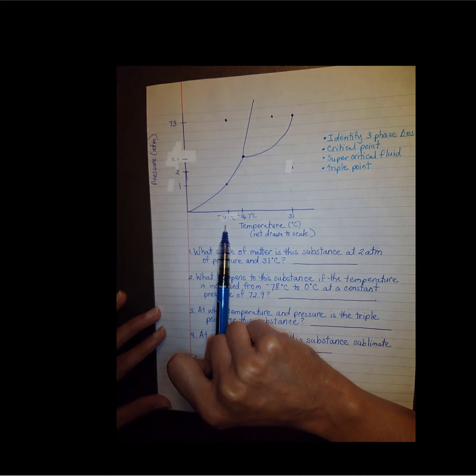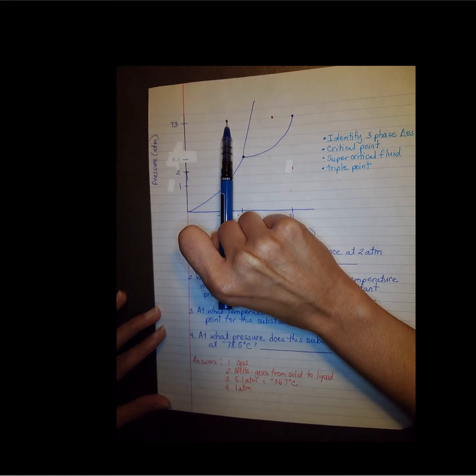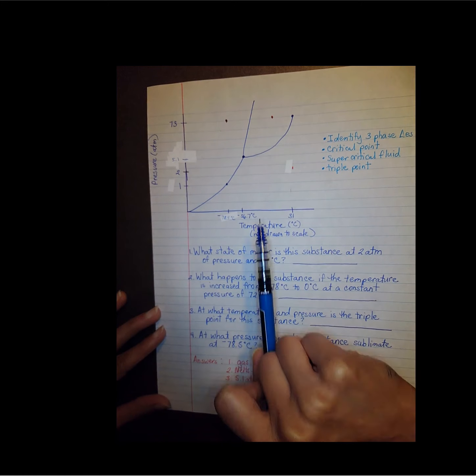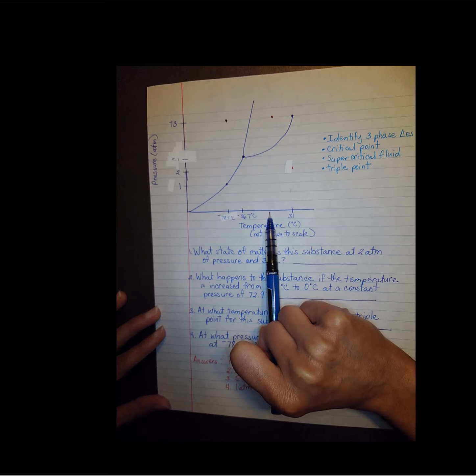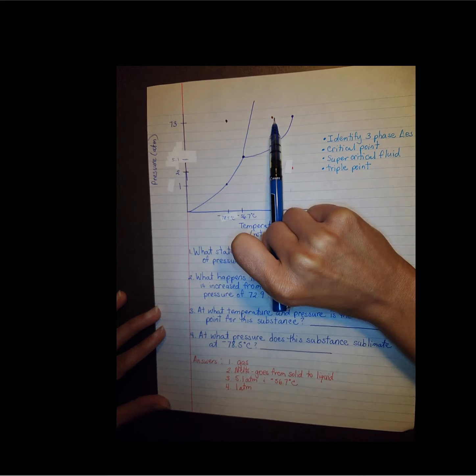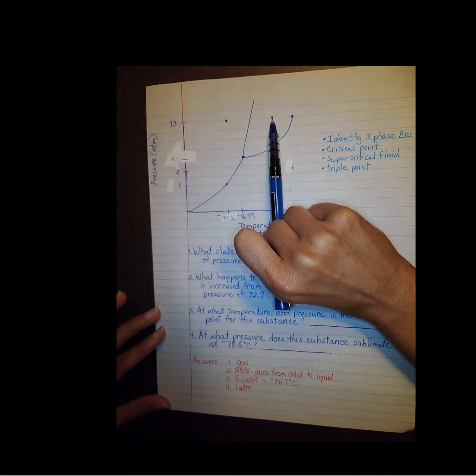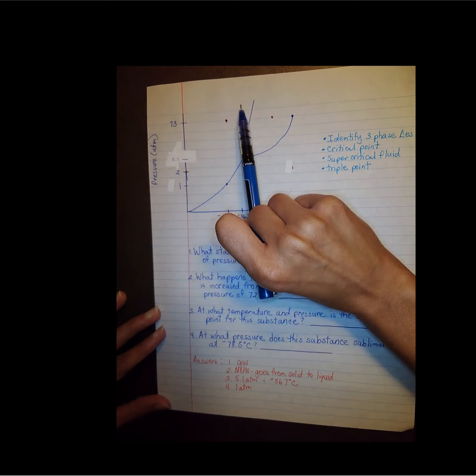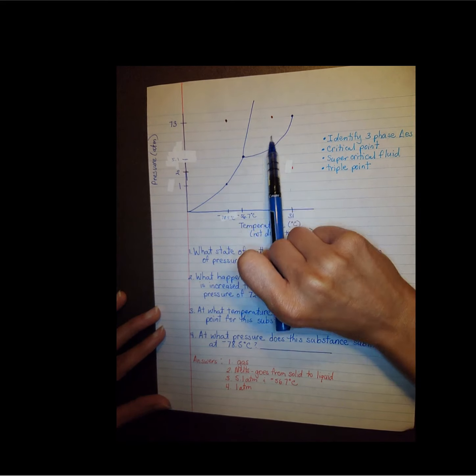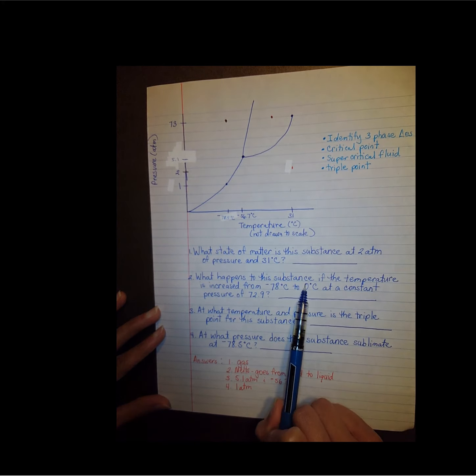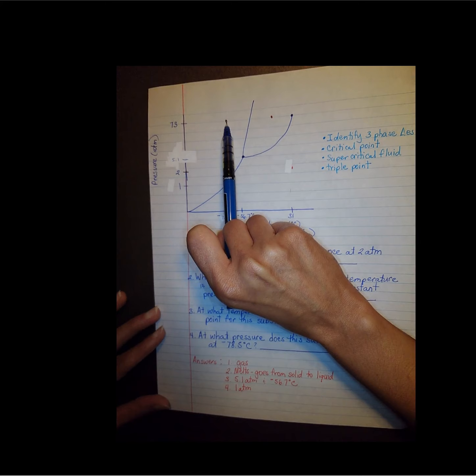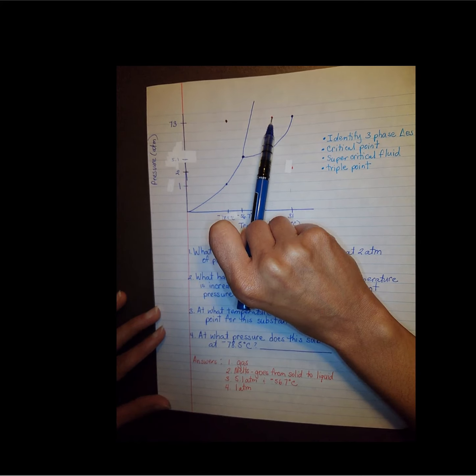Negative 78 at 73 atm would be right here, and you're going to 0 degrees Celsius at 73 atm, which would be right here. So you're going from a solid to the liquid state. But the question is, what happens to the substance? Well, the substance is going through the melting phase.